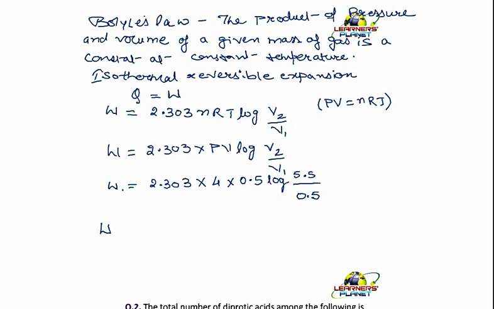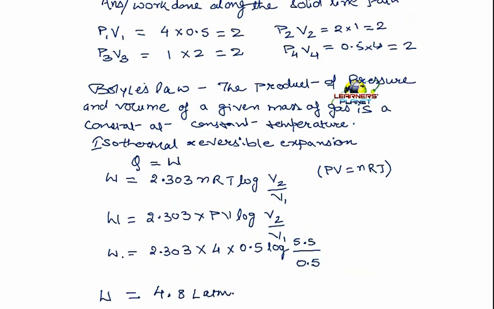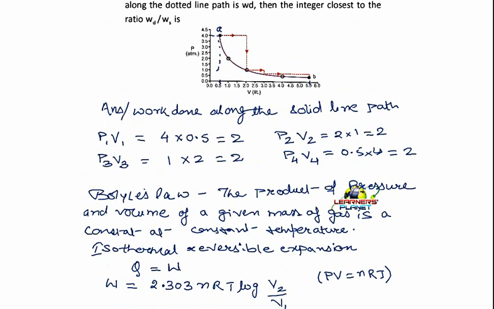Now you can solve it easily. So after solving this, you will get work done is equal to 4.8 liter atmosphere, right? So this is the work done in your solid path, that is from A to B, which obeys your Boyle's law, and it is an isothermal reversible expansion.